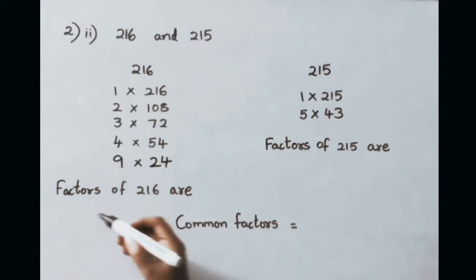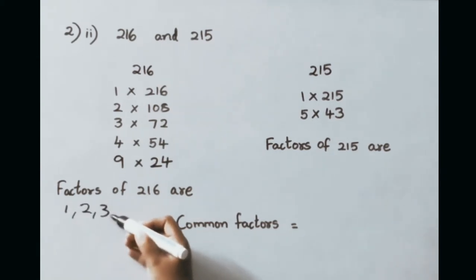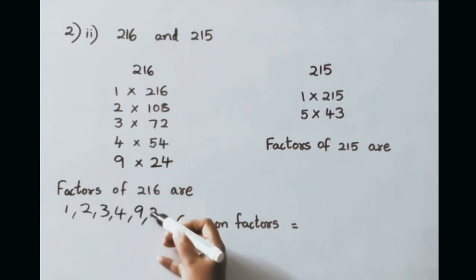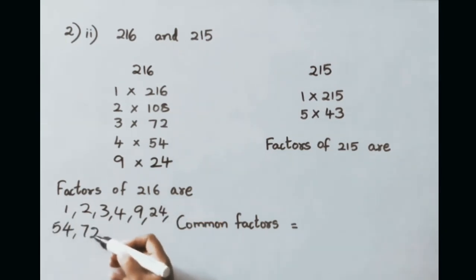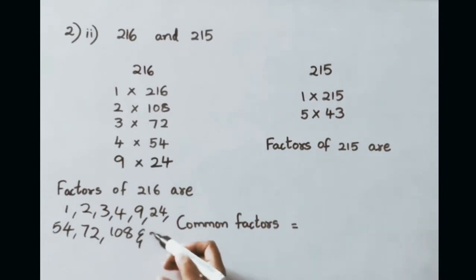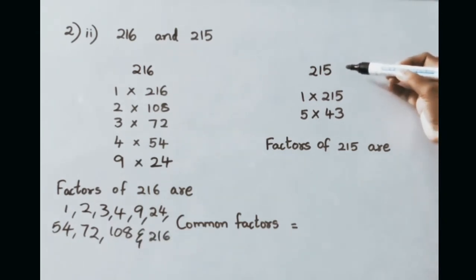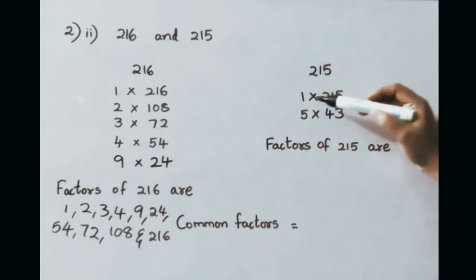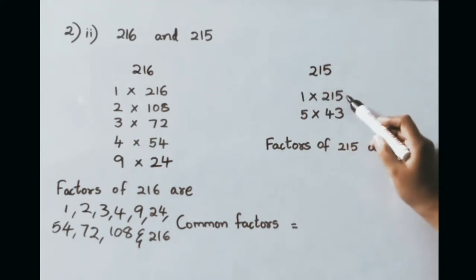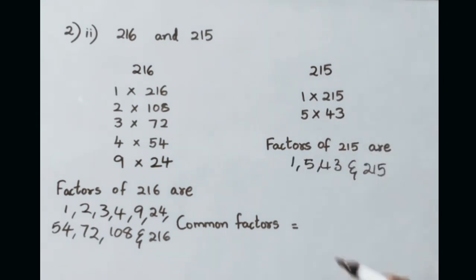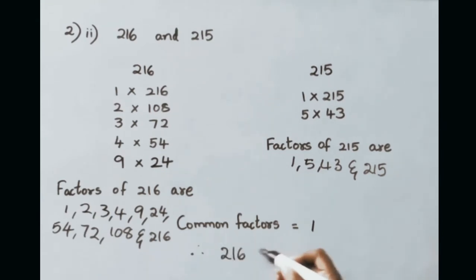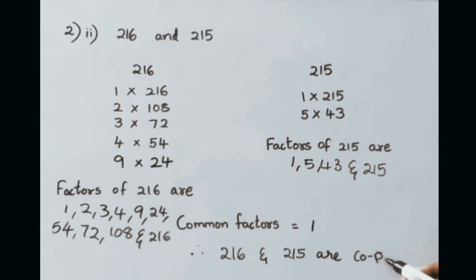Factors of 216 are 1, 2, 3, 4, 9, 24, 54, 72, 108 and 216. See factors of 215: 1 into 215, 5 into 43. All these are factors of 215. Now common factor equals 1. Therefore 216 and 215 are coprimes.